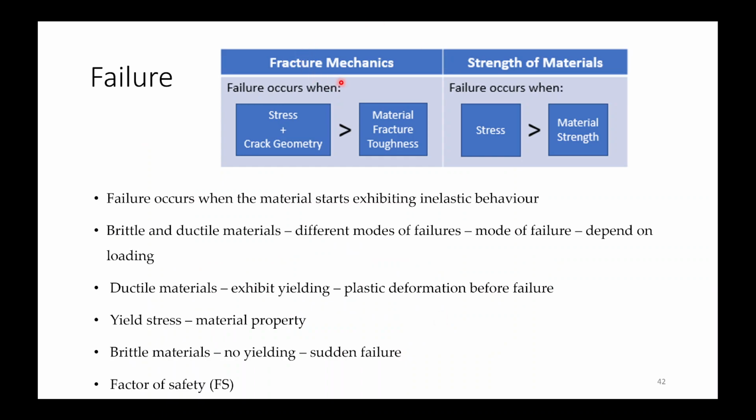In fracture mechanics, failure occurs when stress and crack geometry combined are greater than the material fracture toughness. We assume that pre-existing cracks always exist. And when we talk in general about strength of materials, then we assume that fracture occurs when stress exceeds the material strength.